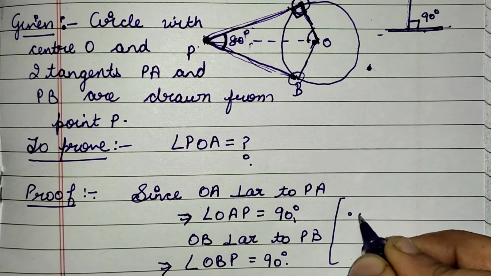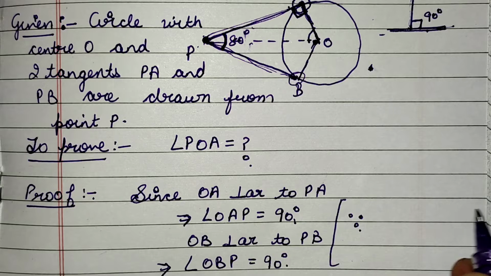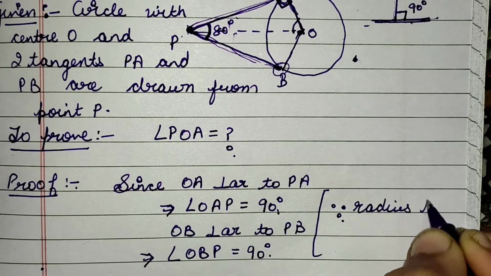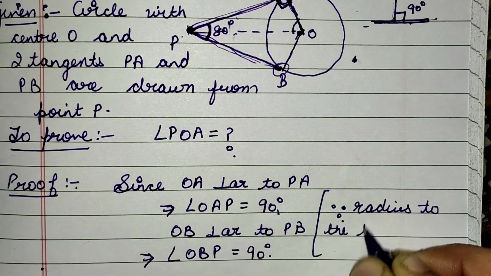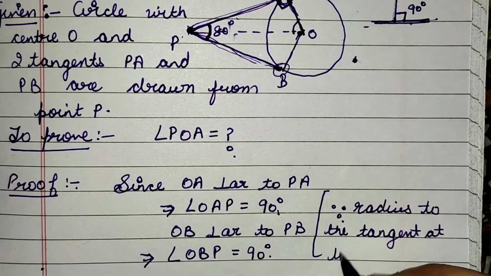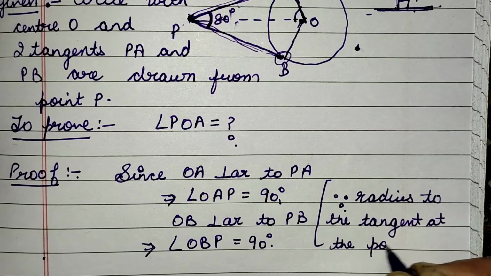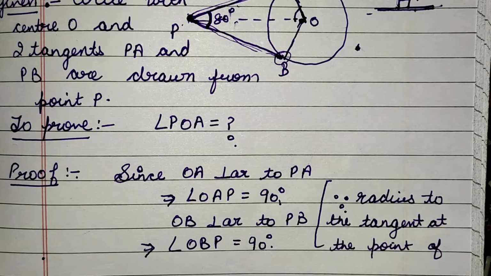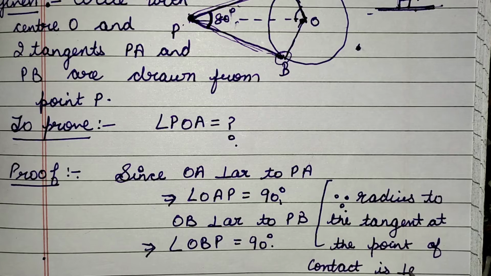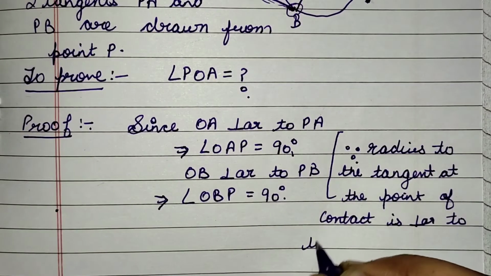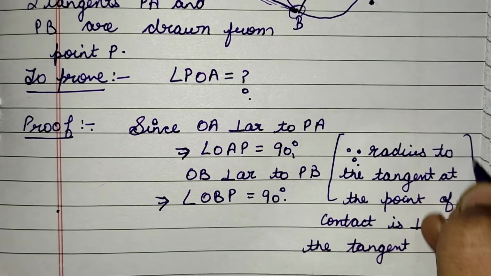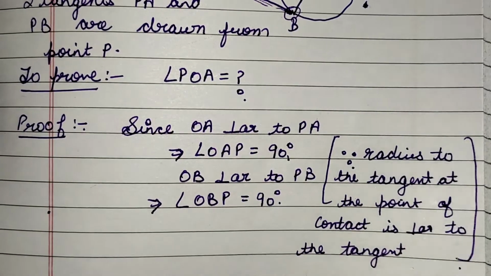You can write down the reason for both of them: the radius at the point of contact is perpendicular to the tangent. This will be the reason as per theorem number 10.1.